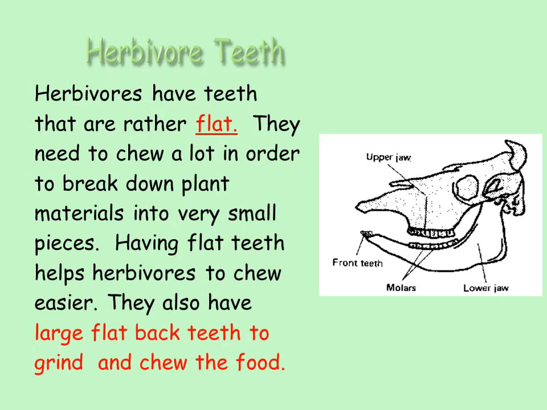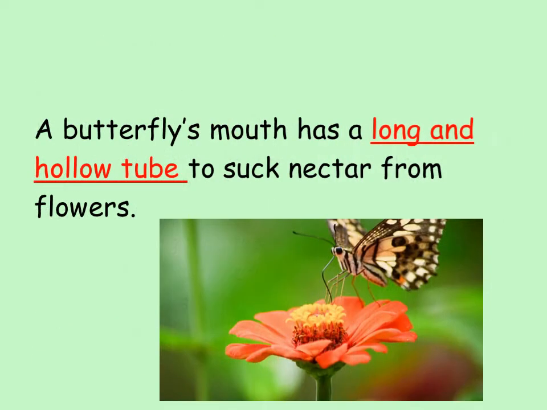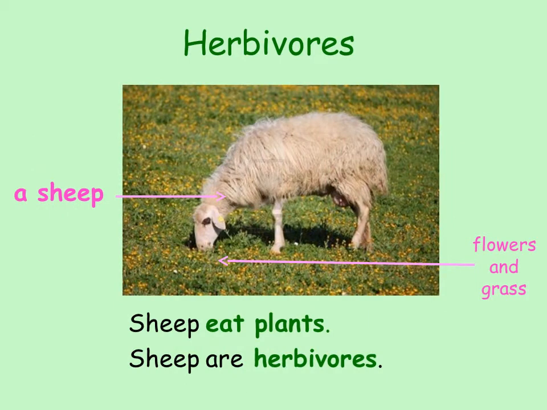They also have large flat back teeth to chew and grind the food. A butterfly's mouth has a long and hollow tube to suck nectar from the flowers. Here are some examples of herbivorous animals.